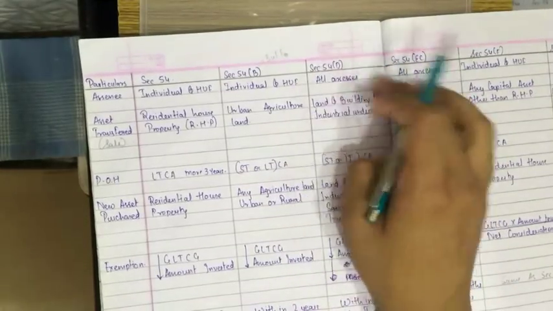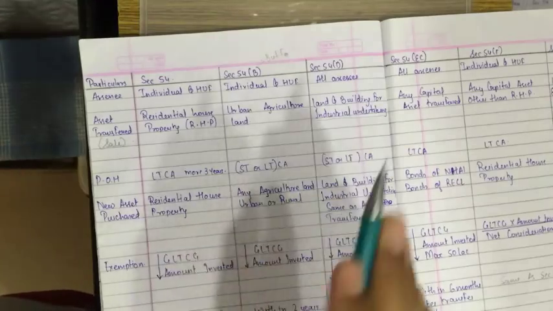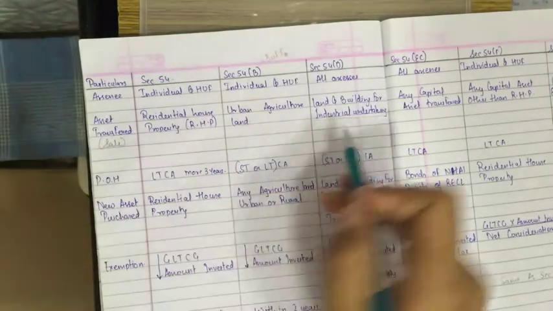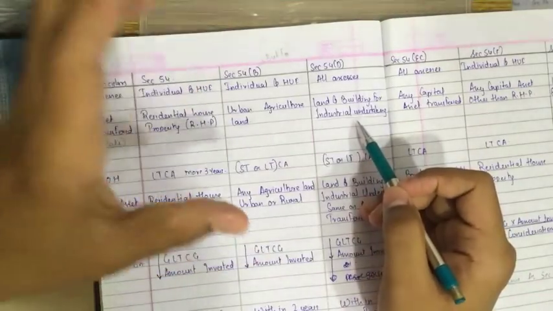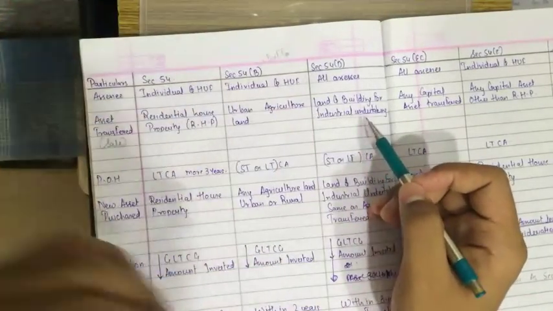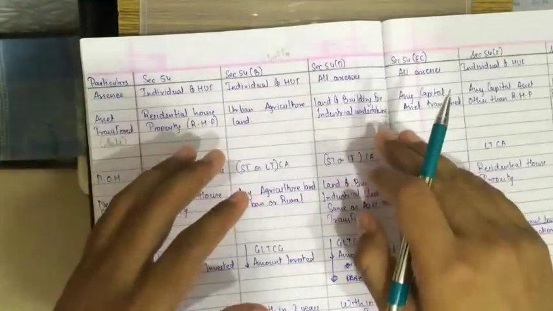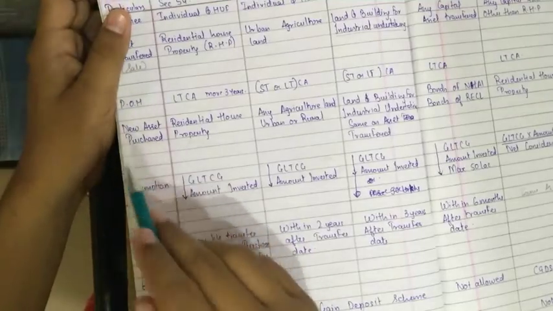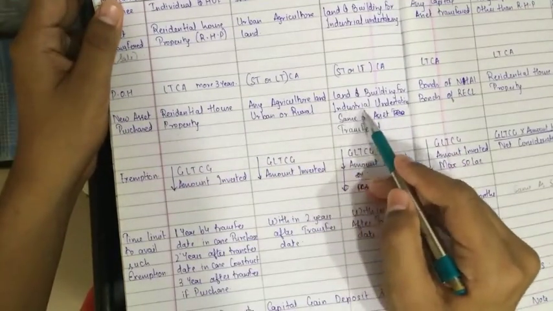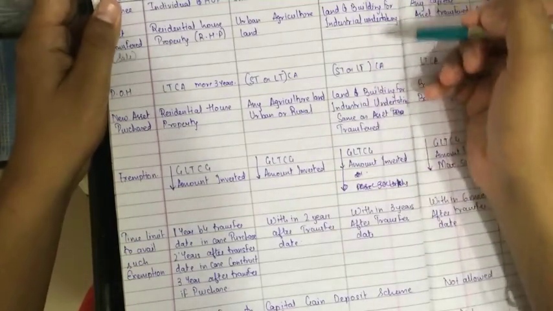Industrial undertaking means the land and building that have been specifically constructed or bought for industry, and such land and building are sold for the purchase of a new capital asset of land and building for an industrial undertaking.